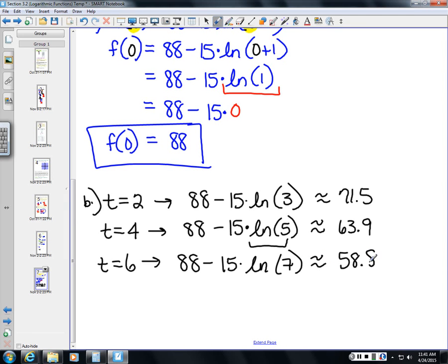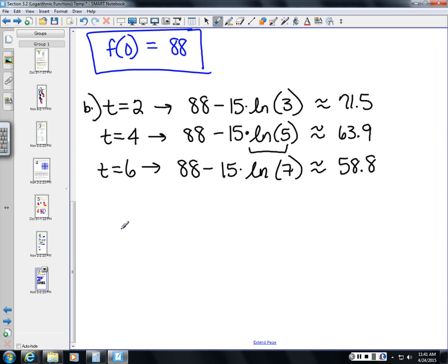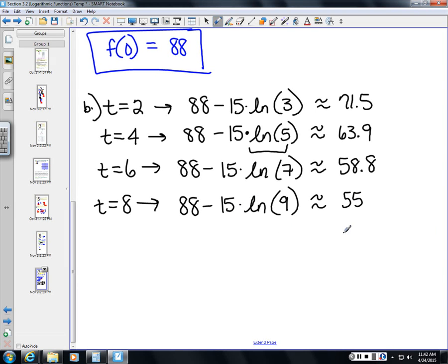So you can see what's happening here. The averages are slowly decreasing, and that is kind of what we expect. We hope that doesn't happen. We hope that students retain the information they learn in class, but we know that we do lose things from time to time. After 8 months, that would be 8 plus 1, so plugging in 9, do natural log of 9 times 15, subtract it from 88, and you'll get 55.